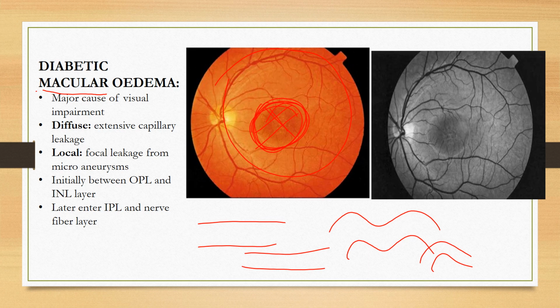At a later stage, if it is left untreated, it reaches the nerve fiber layer. So it is to be treated, and it usually occurs in a diffuse way. It is not going to be at a particular point; it will be diffuse, and almost equal.